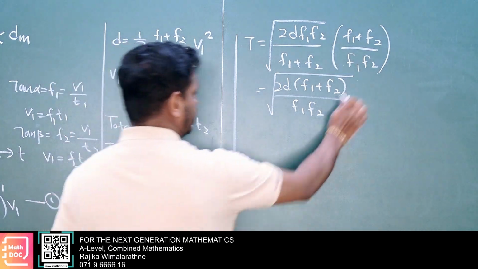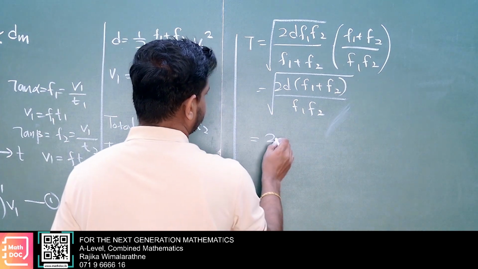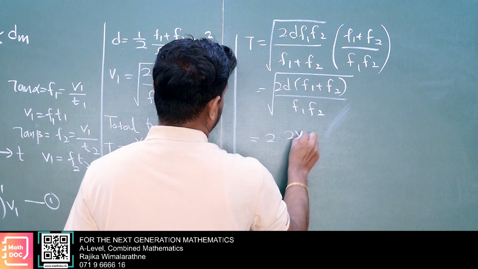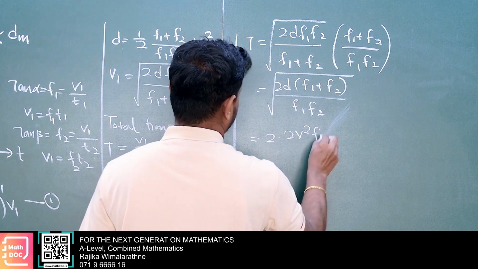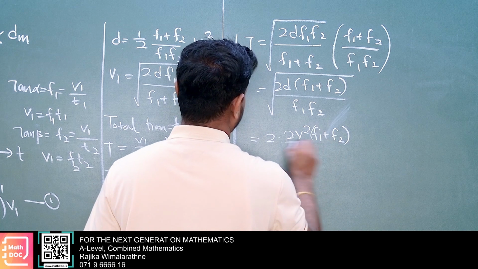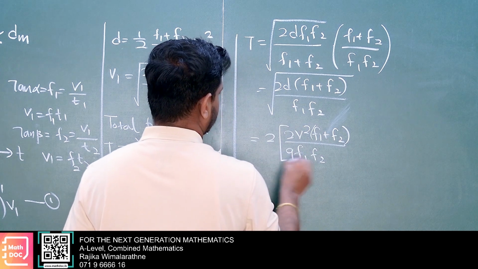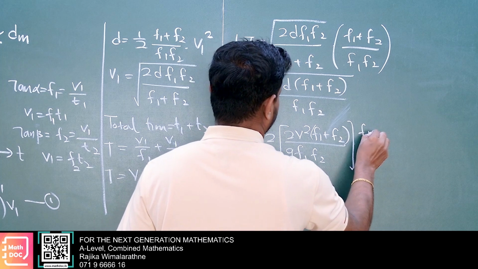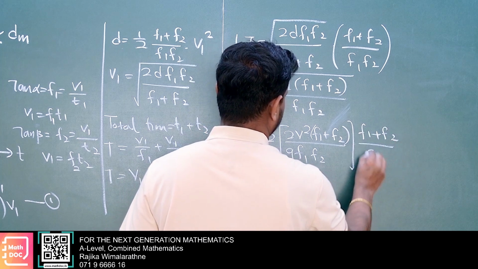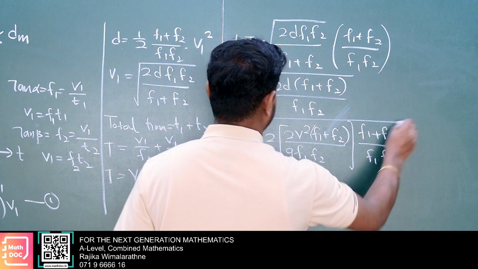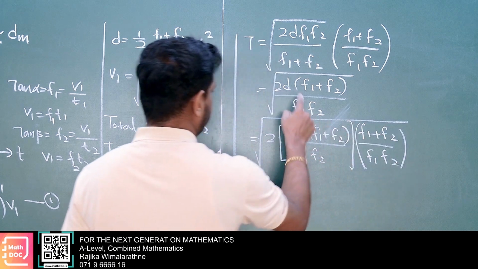So before, again we have to substitute D value, 2V squared, F1 plus F2 over 9 F1 F2, F1 plus F2 over F1 F2, all thing root. 2D value substitute.